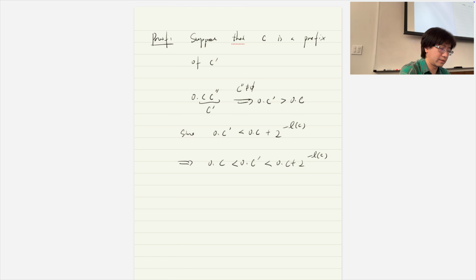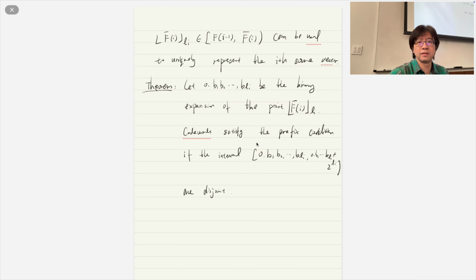This is C, and this is C plus 2 to the power minus Li. That's exactly this interval.